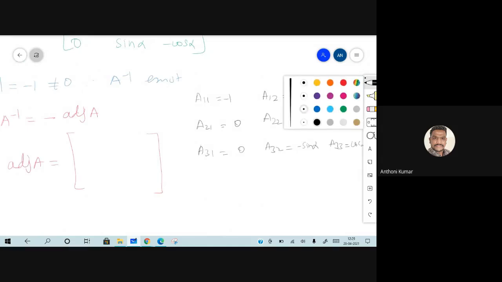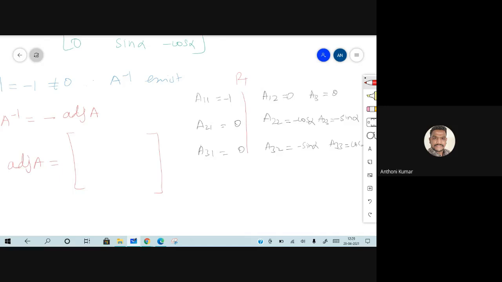As I told you, write these elements as row 1, these as row 2, these as row 3. So: minus 1, 0, 0; then 0, minus cos alpha, minus sin alpha; and 0, minus sin alpha, cos alpha.